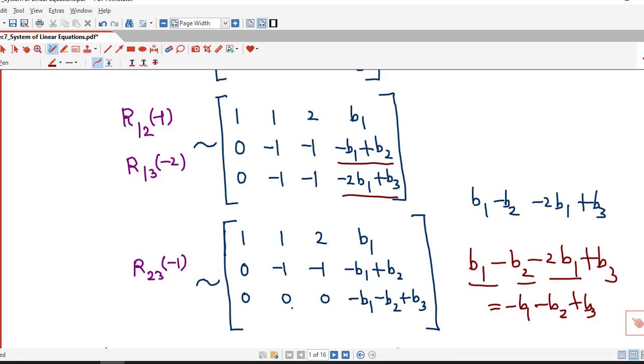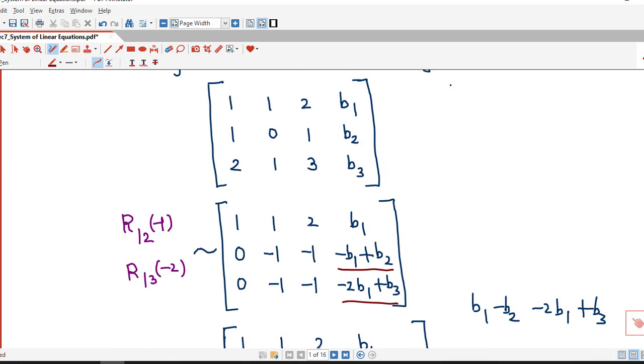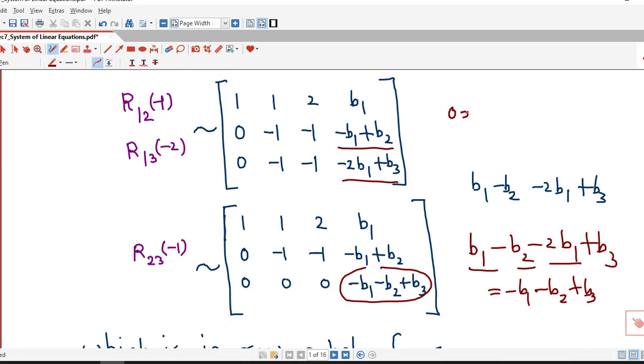From the last row we can say that if this entry, minus b1 minus b2 plus b3, is non-zero, then the system has no solution, because if this last entry is non-zero, then the equation corresponding to the last row will be 0 into x1 plus 0 into x2 plus 0 into x3 equal to minus b1 minus b2 plus b3.